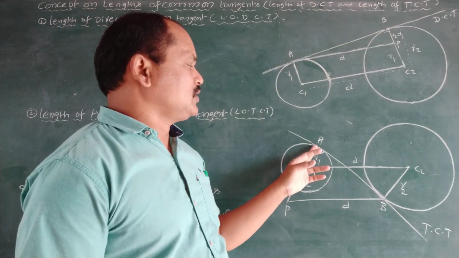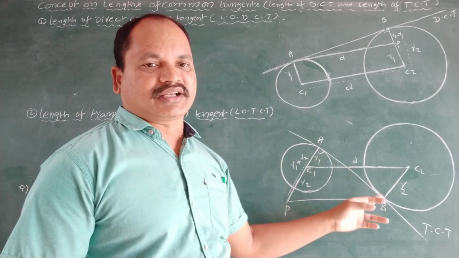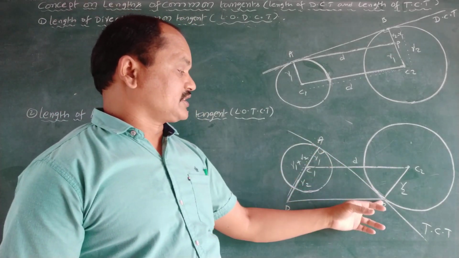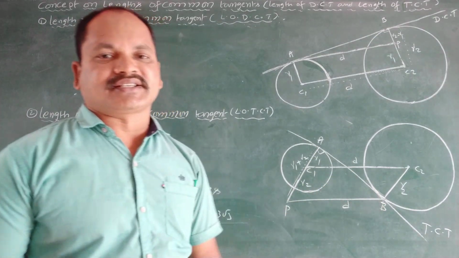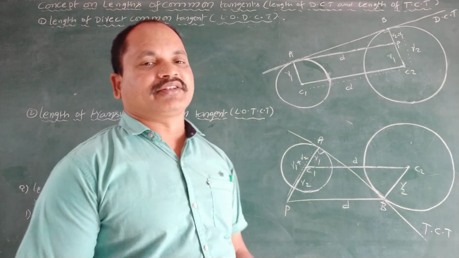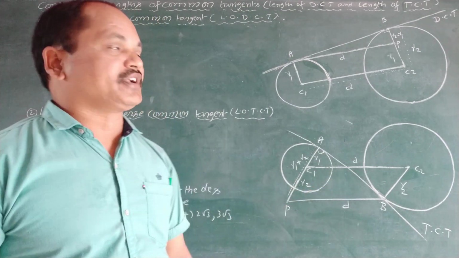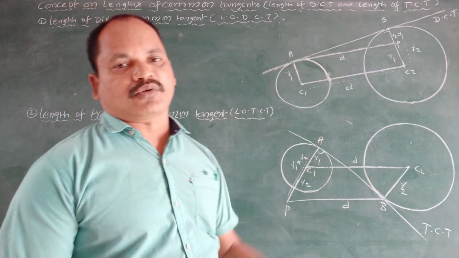Same here also, where the line touches the two circles at 2 points of contact, the distance between the points of contact is the length of the common tangent. Here it is the length of the transverse common tangent, here it is the length of the direct common tangent.